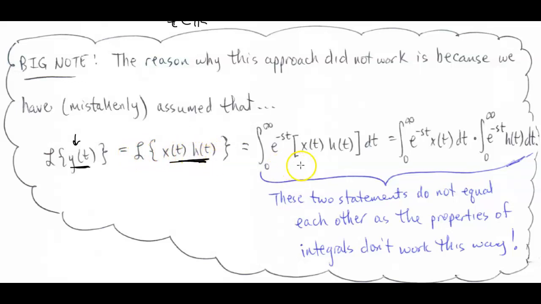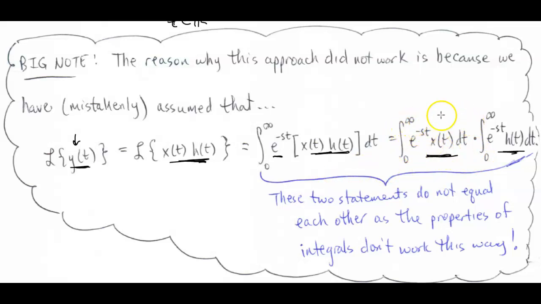And remember, by definition, the Laplace transform is the improper integral from 0 to infinity of e raised to the negative st times whatever that function is, which is the product of these two. And what we did is we assumed that the integral of e raised to the negative st times the product of two functions could just be rewritten this way. And of course, we know from first year calculus that it doesn't work that way, okay?